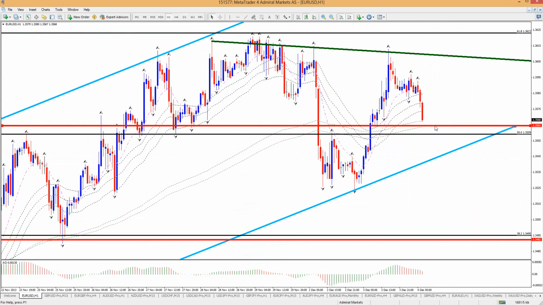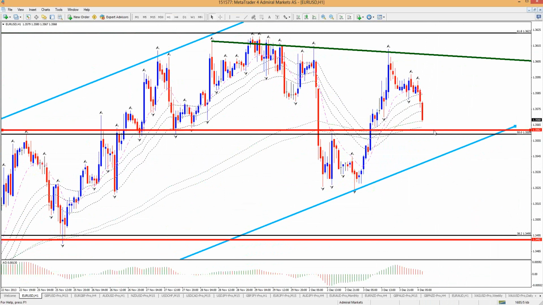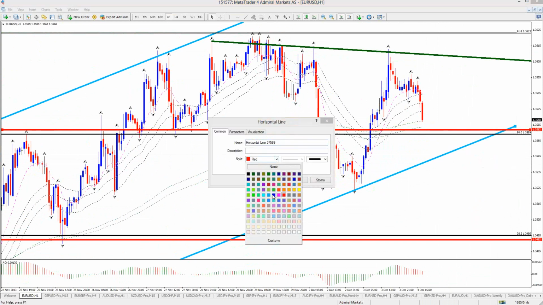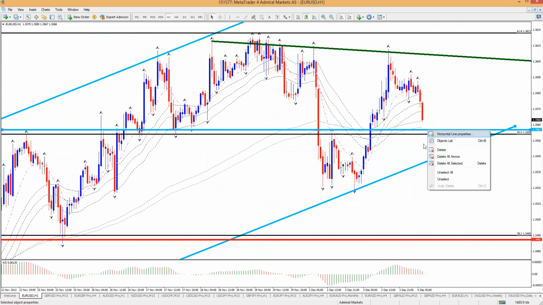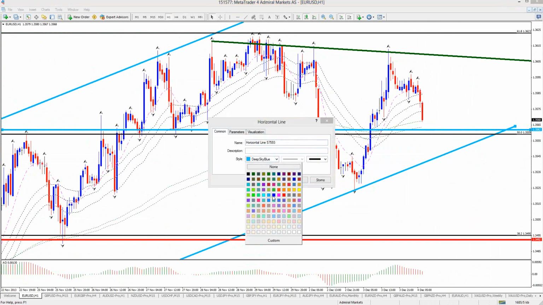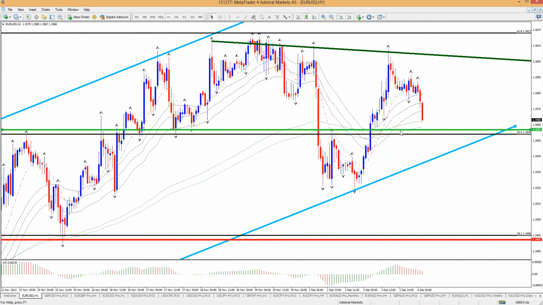Not somehow a big fan of that idea. Sorry, Kalen, don't want to, but I don't like the idea of buying against this momentum, this bearish momentum, this bearish price action.